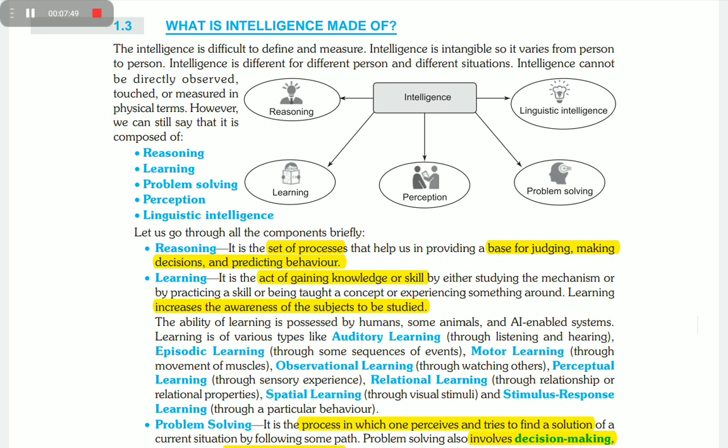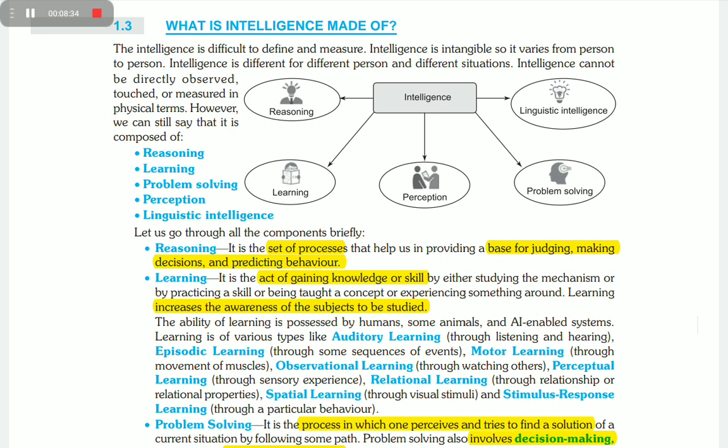Learning basically is the act of gaining knowledge or skill from our surrounding things, like mom speaks, or you are watching this video, so you are learning something every time by either studying the mechanism, by studying the books, or by studying how AI works, or by practicing a skill by playing football or basketball, or being taught a concept like I'm teaching you, or experiencing something around, or observing some relationships, or experiencing how nature works, etc.